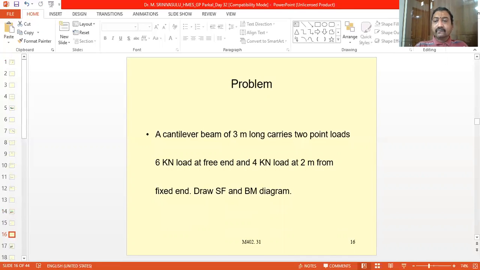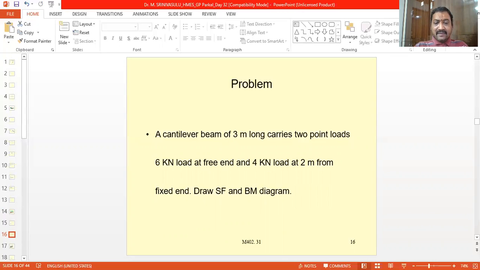When we take this problem: a cantilever beam of 3 meters long carries 2 point loads, 6 kilonewtons load at the free end and 4 kilonewtons load at 2 meters from the fixed end.